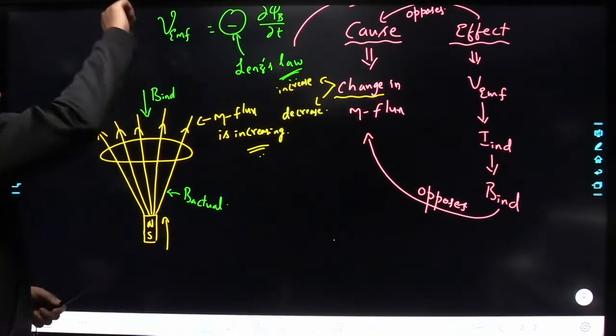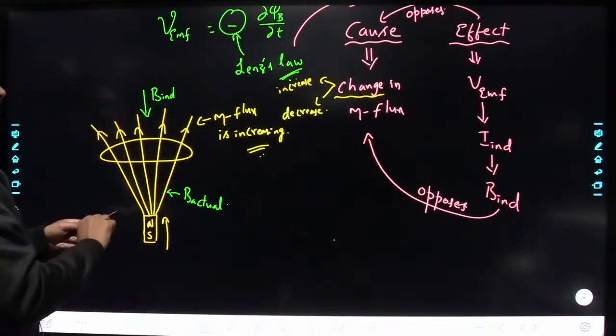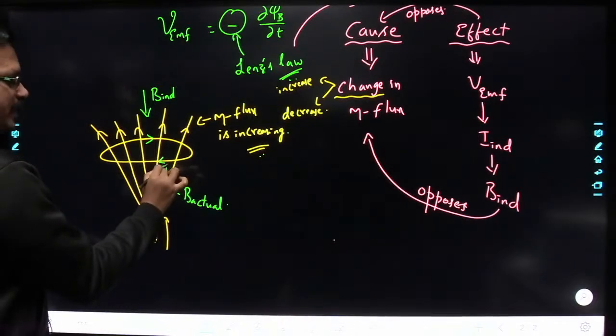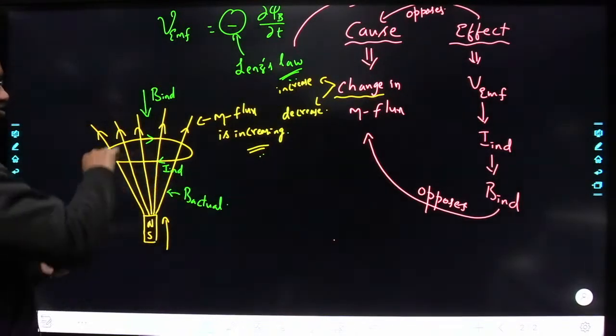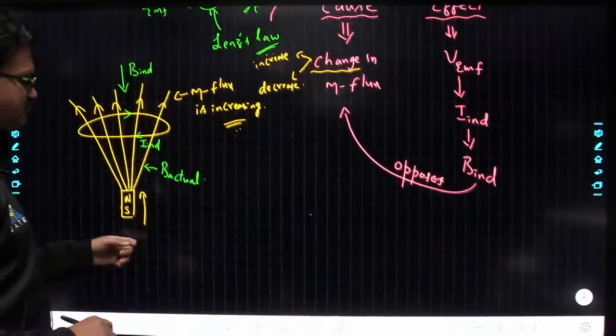So the induced magnetic field has to point in the downward direction in this case. So the current through the loop has to flow in the clockwise direction like this. Understood?